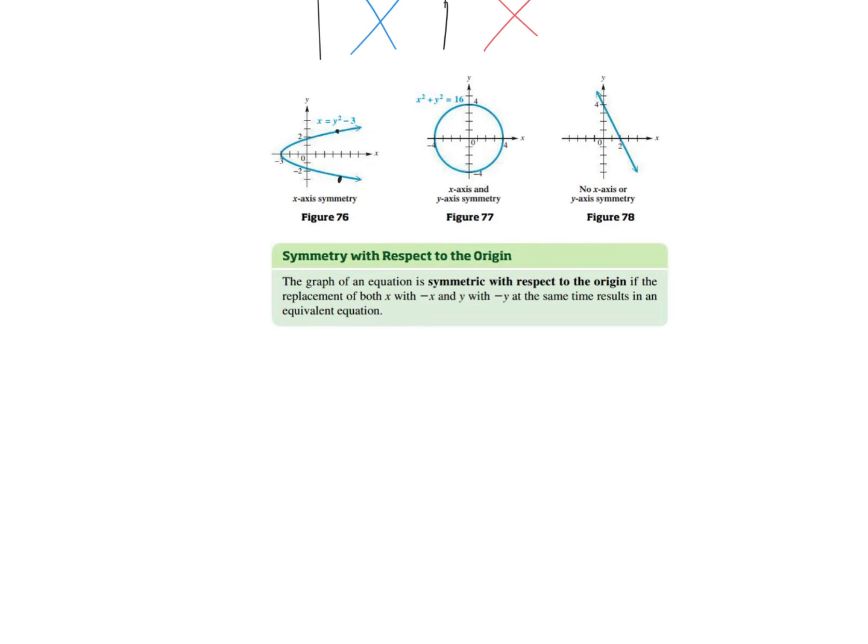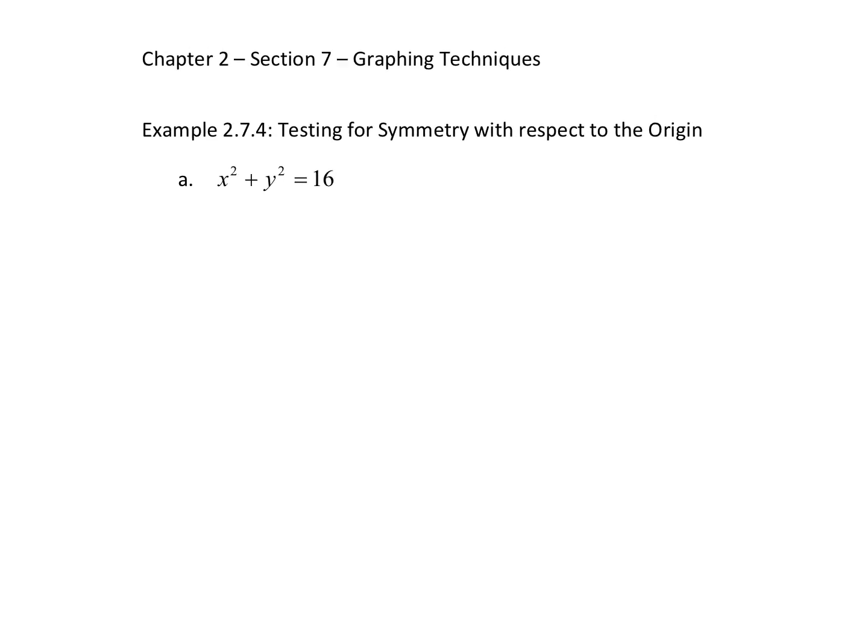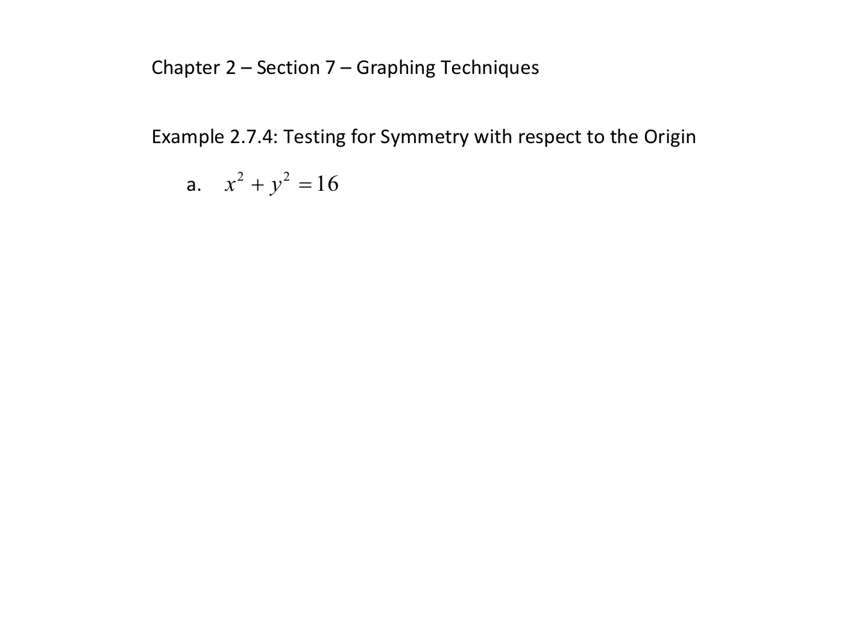All right, there's one bonus type of symmetry, which is symmetry with respect to the origin. And if you've ever looked at inverse functions, this comes up with inverses a lot, okay? And so let's take a look at how we can prove that, okay? So testing for symmetry with respect to the origin, well, it's the same idea as testing for symmetry with respect to any of the axes.